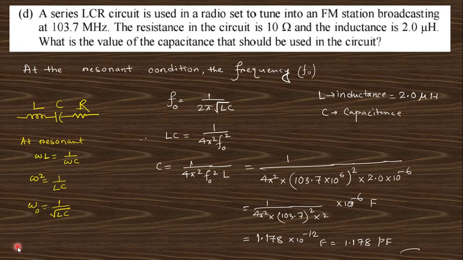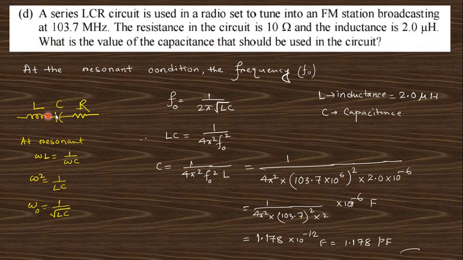Next question: in an LCR circuit used in radio frequency for an FM, that is frequency modulation, station broadcasting of this frequency in megahertz, the resistance in the circuit is 10 ohm and the inductance is 22 micro henry. What is the value of capacitance that should be used in this circuit?